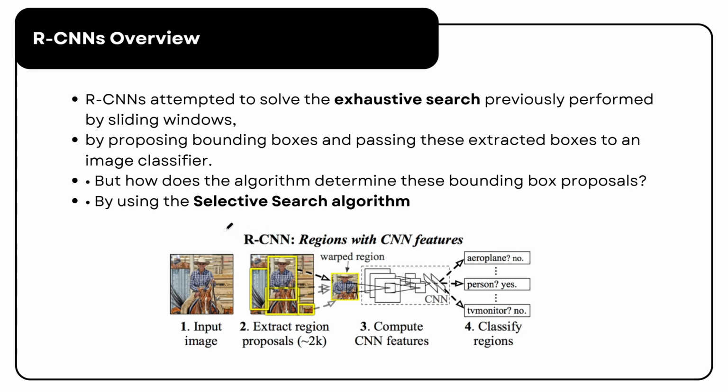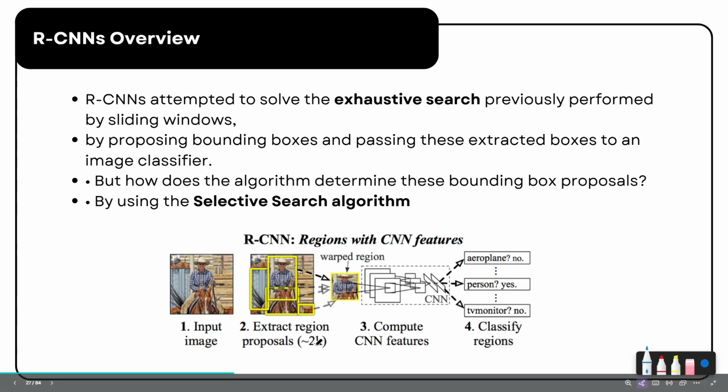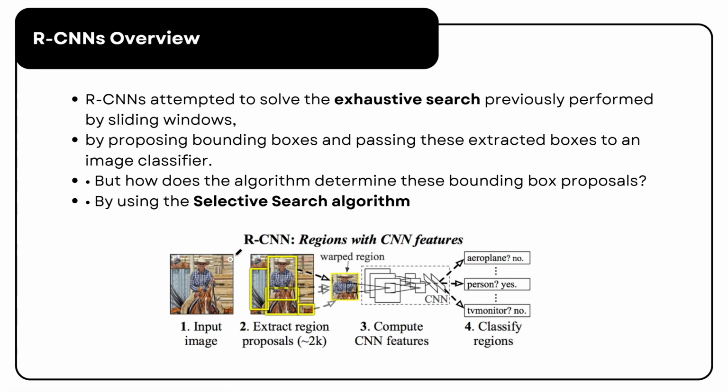This algorithm scans the image and proposes around 2,000 candidate regions, also called region proposals, that might contain objects. So let me walk through these steps.